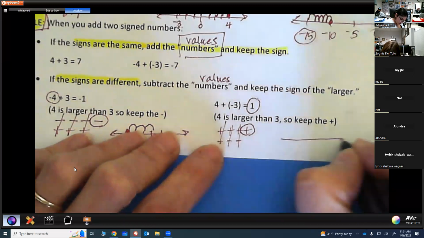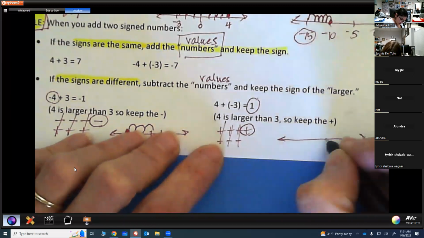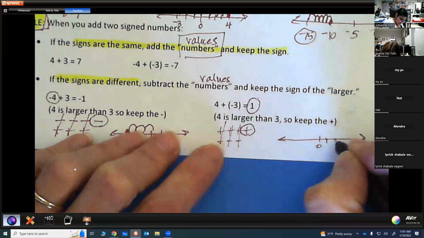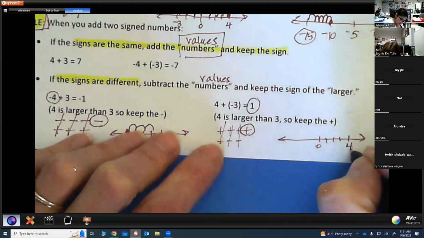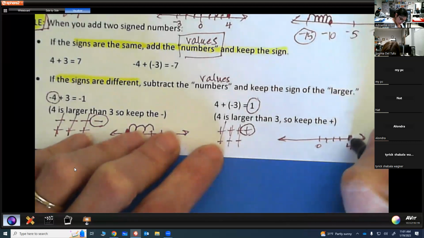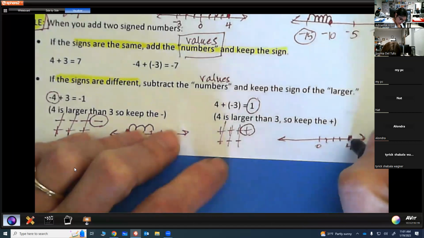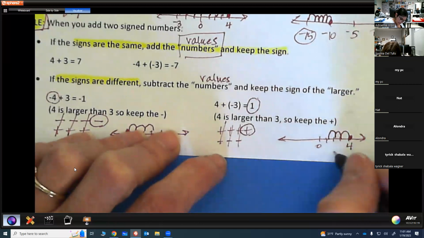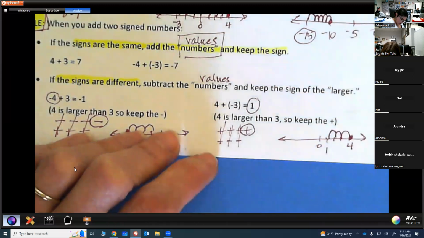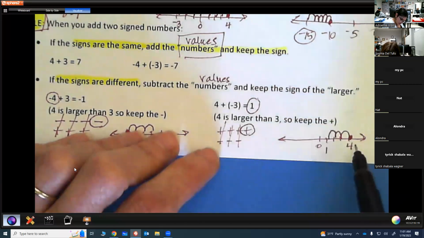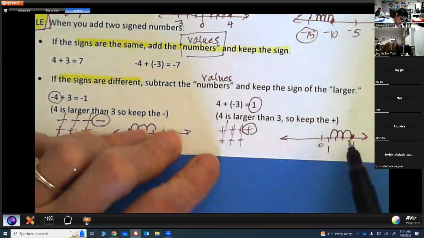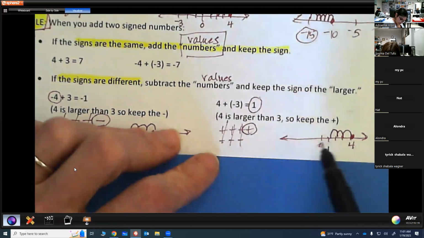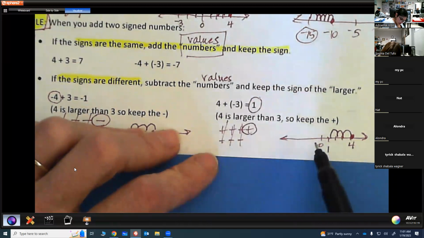By the number line method, I'm going to start at 4. And if I'm going to add a -3, I go 1, 2, 3, and I end up at +1. The reason is those -3s, I moved to the left, but I didn't cross over into the negative numbers.